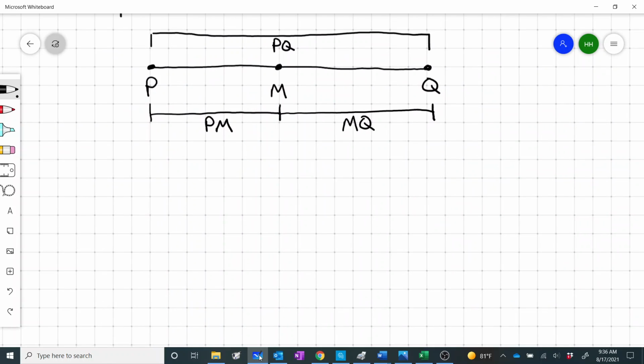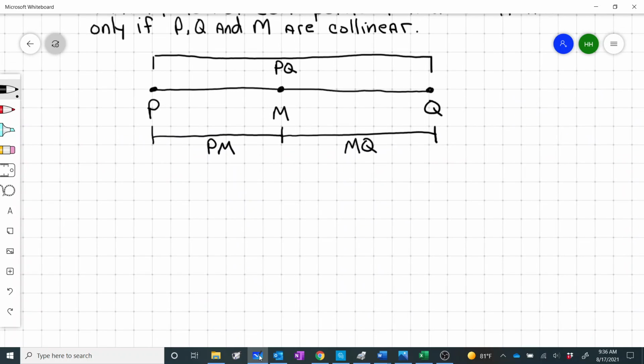So a couple of rules related to this: if you took segment PM, the length from P to M, and you added it to MQ, what would that equal? It would equal PQ. Very good. So another way of saying it is that these two smaller segments equal the entire segment.